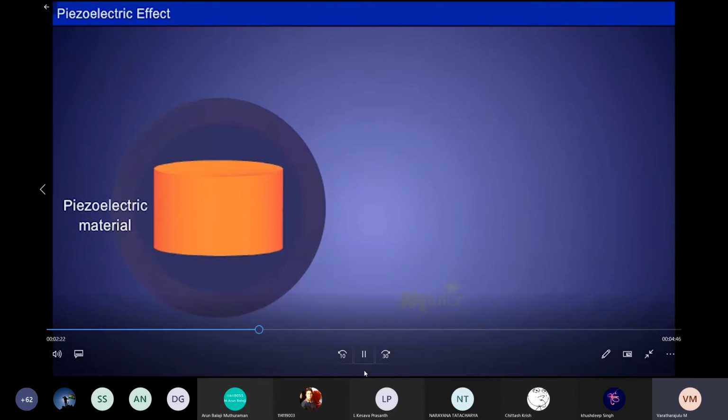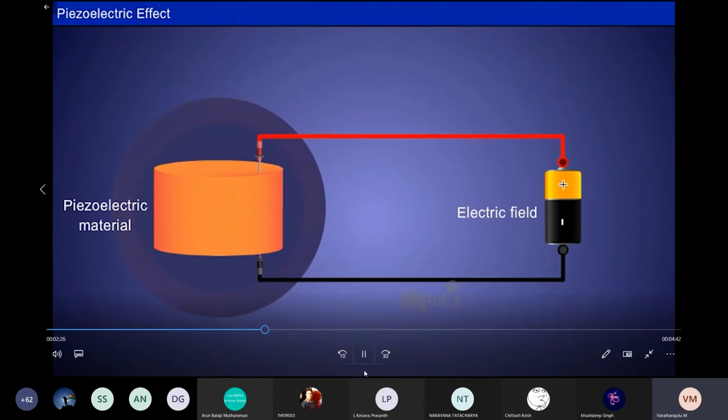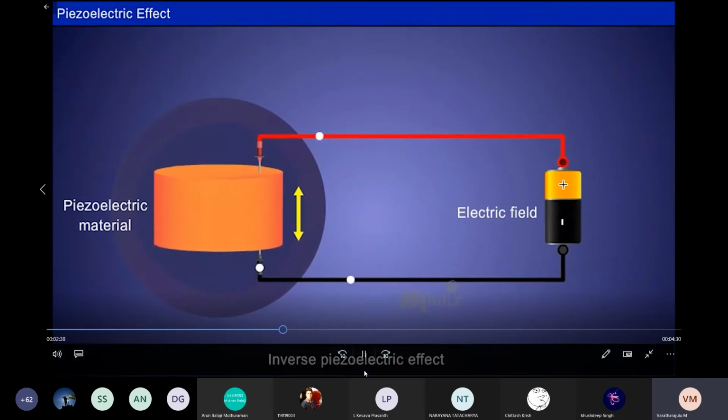One of the unique features of the piezoelectric materials is the inverse piezoelectric effect, occurring in the opposite way of direct effect. When voltage is applied across piezoelectric materials, they tend to vibrate and deform slightly. This effect is known as inverse piezoelectric effect.